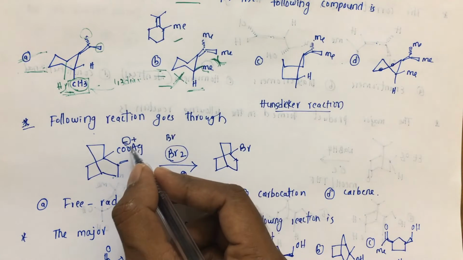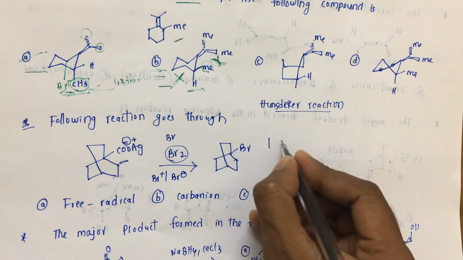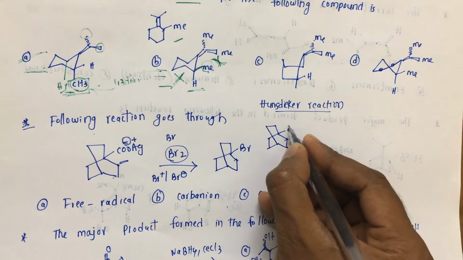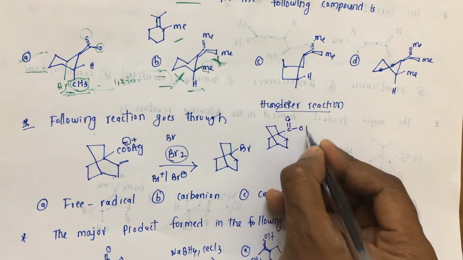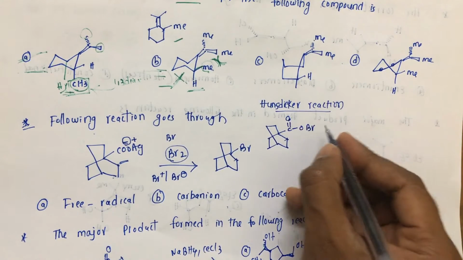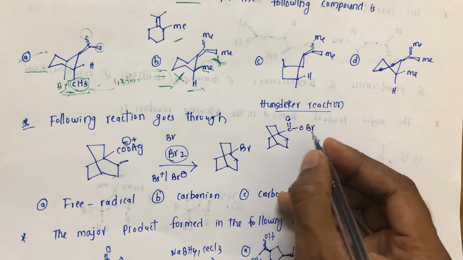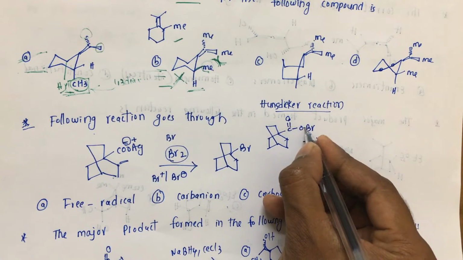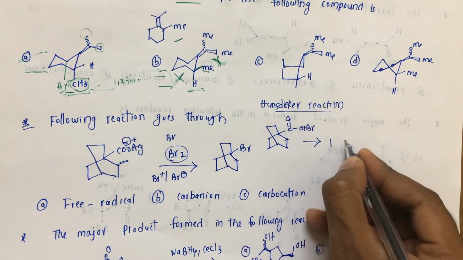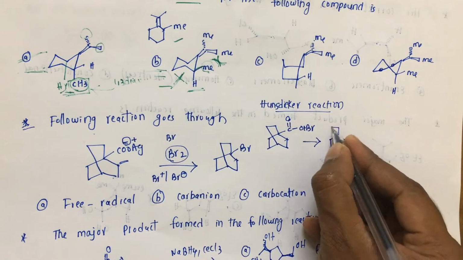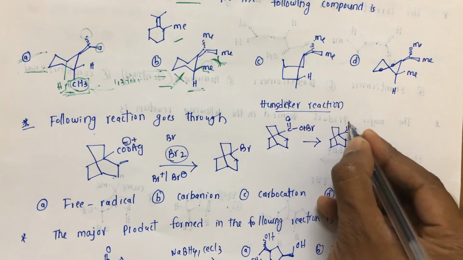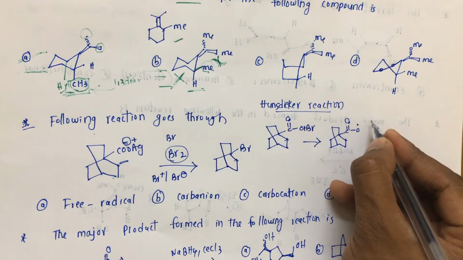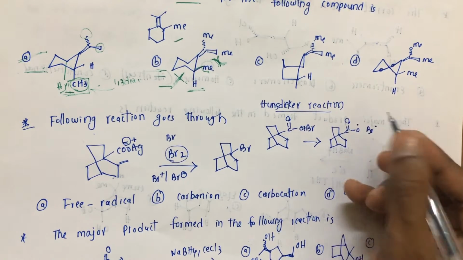the COO minus, and here we get COOBr. Further, homolytic cleavage takes place at this bond, and then we have O minus and a Br radical.